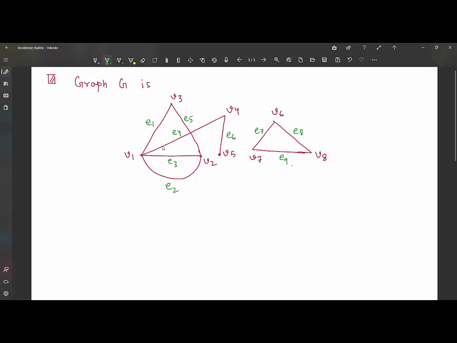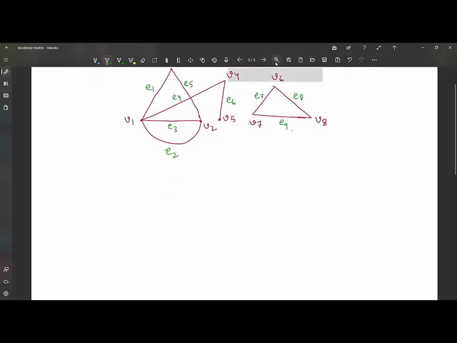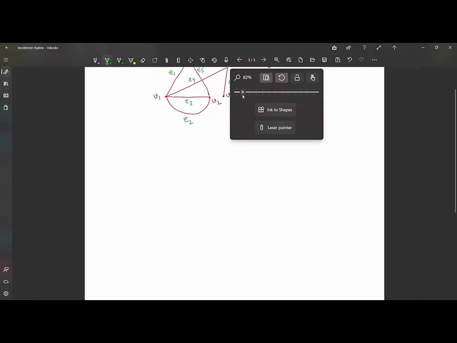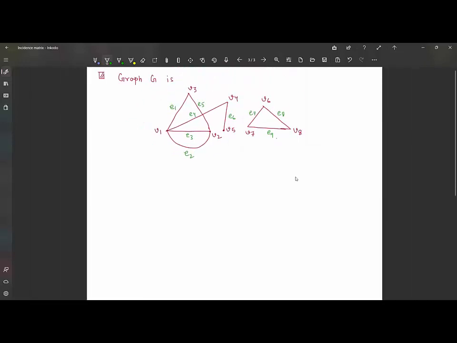So now let's start drawing the matrix, but this time we will draw it directly in one go, not by taking multiple graphs and multiple matrices. So first of all, we draw a large matrix, so that's why we are taking a large bracket here, and then we fill in the labels.